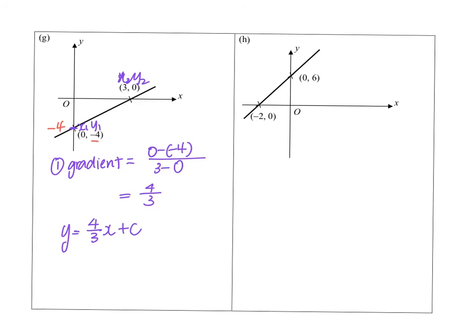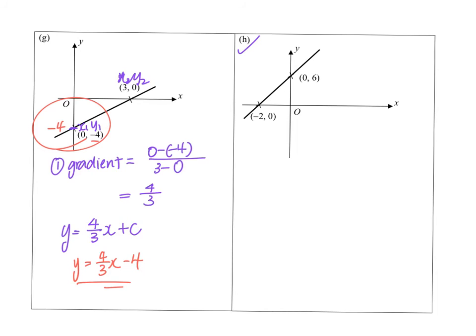But we know our y-intercept here, in this case, this picture tells us is -4. So y equals 4 over 3x minus 4. Have you gotten the answer? Well, if you've gotten the concept, I'll leave this part of the question here for you to do as practice on your own. We'll review and check the answers tomorrow.